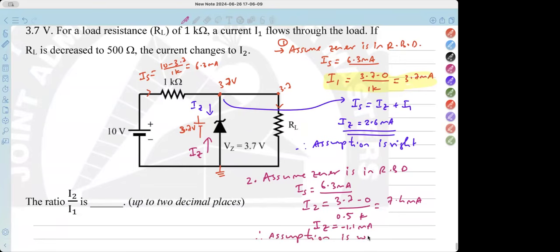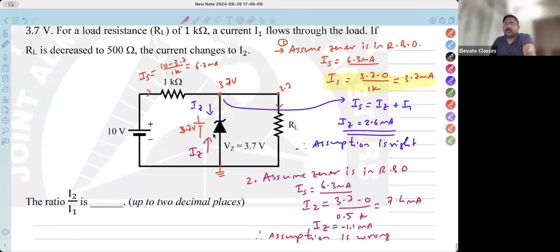Yes, sir. Okay, so whatever you are doing, if you have found I2 here, then this is a wrong value. Actually, if you calculate, 7.4 upon 3.7 gives the value 2, you write 2 over here and you will get a wrong answer, which is what they are expecting. So always calculate the Zener current. In every case, what they have asked is secondary, calculate the Zener current.